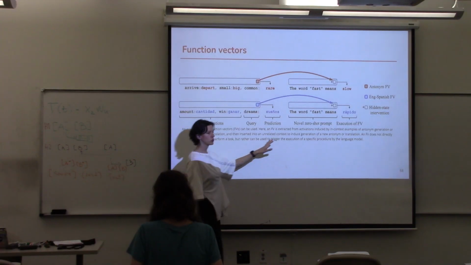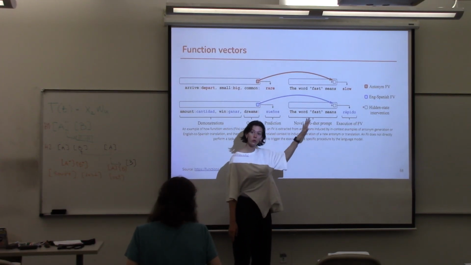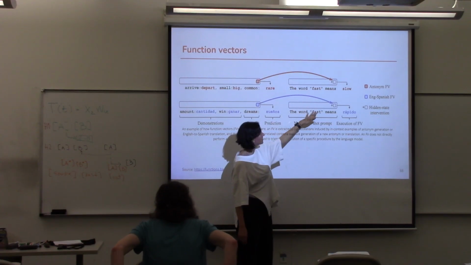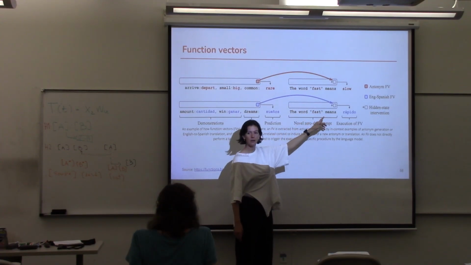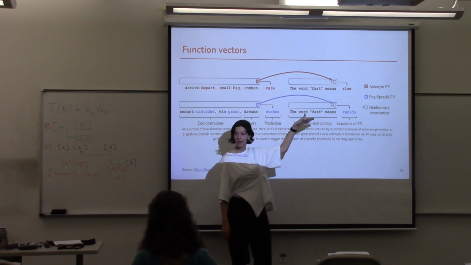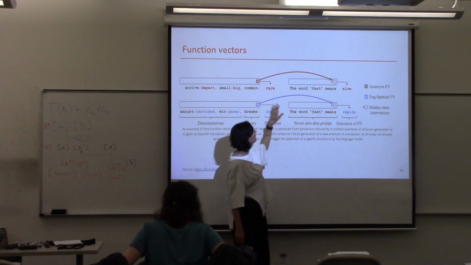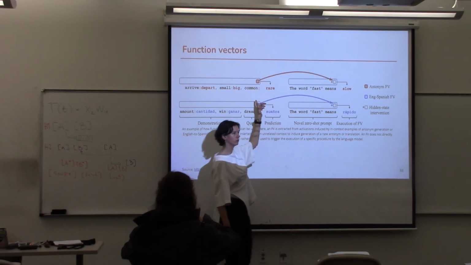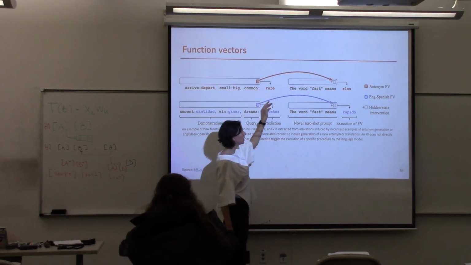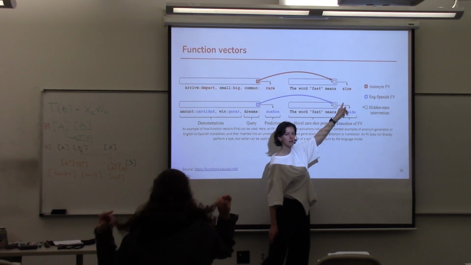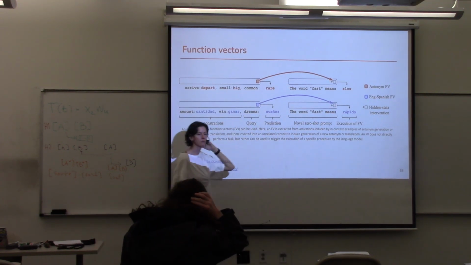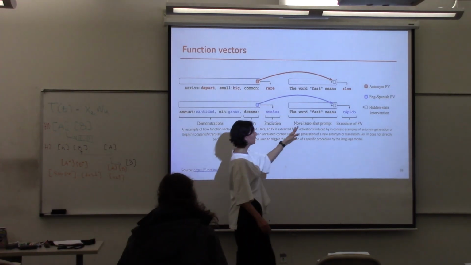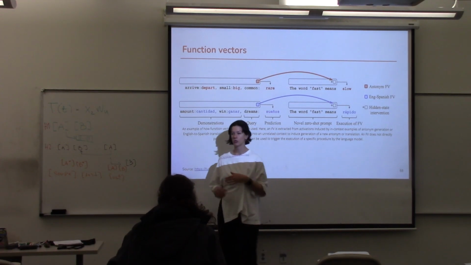Then when we have a so-called zero-shot prompt, where we don't have demonstrations, we just tell the model the word fast means, we plug in, or patch, now we know the terminology, a vector that we have derived from the prompt with the demonstrations. It's going to predict the antonym of this word.